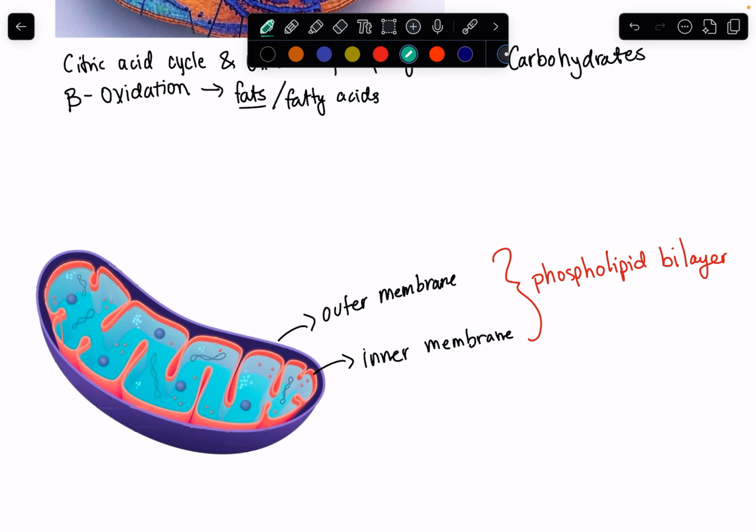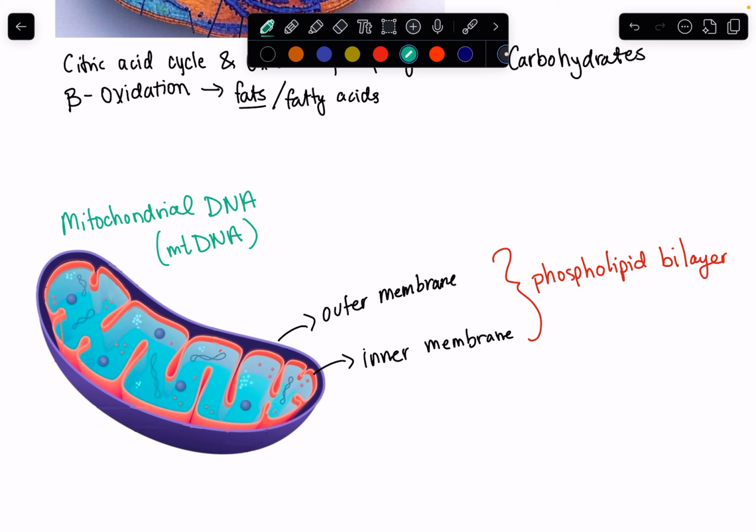One other thing that we need to also be aware of is that the mitochondria has its own special DNA known as mitochondrial DNA, and if you want to write in short form, mtDNA. So the mitochondria has its own DNA, known as mitochondrial DNA.